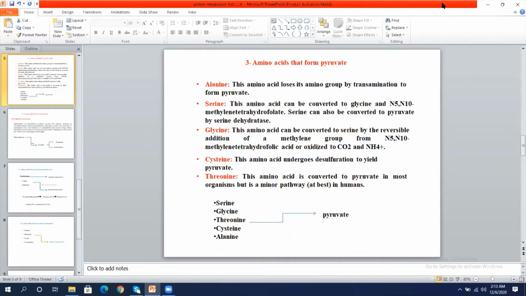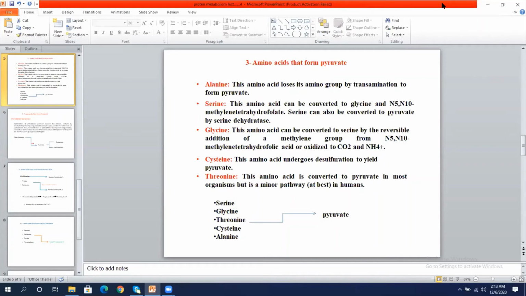Cysteine undergoes desulfurization to yield pyruvate. Cysteine is a sulfur-containing amino acid and it removes its sulfur to form pyruvate.